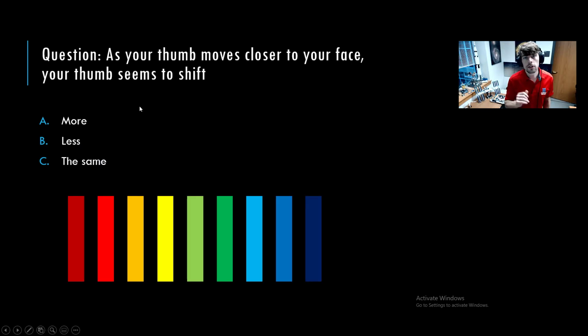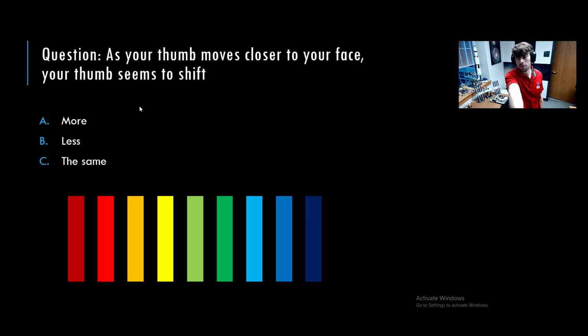I've got another question for you. I call this painter's thumb. Go ahead and do painter's thumb, but here's an important question: as your thumb moves closer to your face, what happens to the shift? If your arm is fully extended, you can measure the shift.